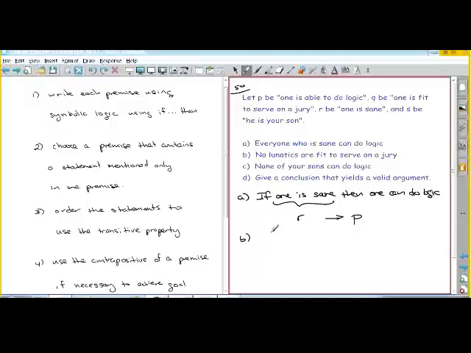Okay, so you could rewrite this as: if one is a lunatic, then one is not fit to serve on the jury. It's not fit.